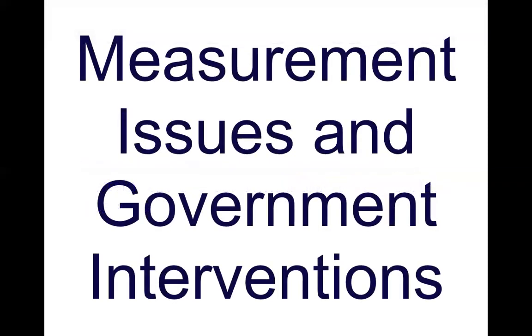Next up, we'll be talking about some of the measurement issues and the government interventions that we have in Canada that help people become employed if they are currently unemployed.